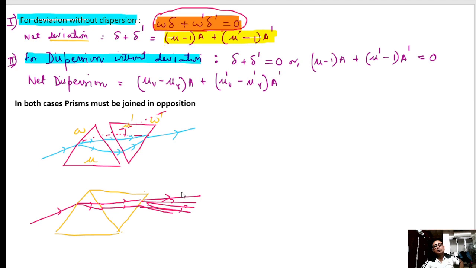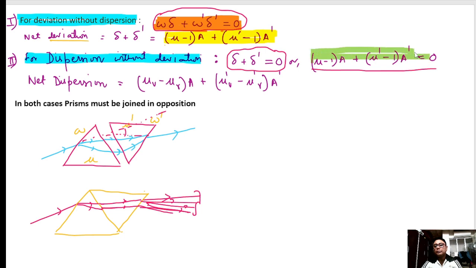Here they are telling that you will have dispersion, but you will not have any deviation. So the net deviation is 0, because there is no deviation.